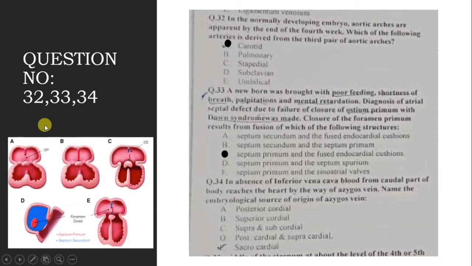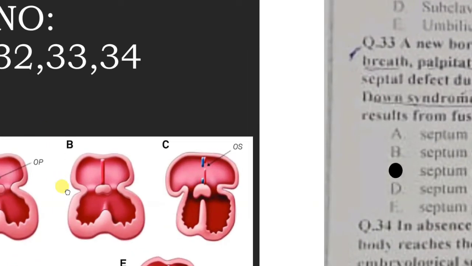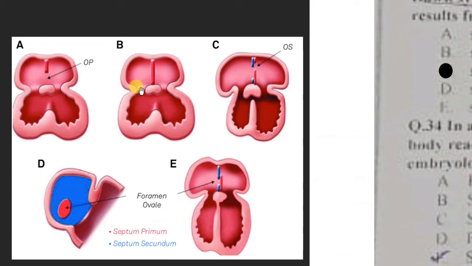I have a figure. You can see here certain phases of the closure of the septum primum as well as ostium primum displayed. In figure A, you can see this is the septum primum, while the foramen forms the ostium primum. In the center you can see the AV cushion.